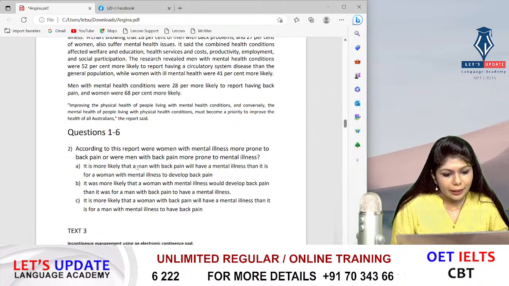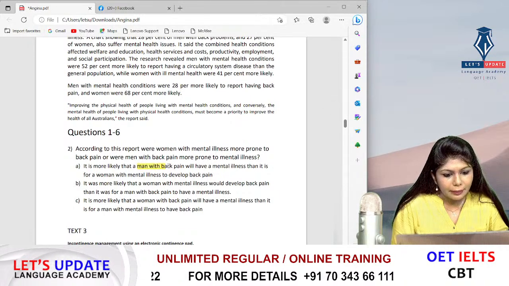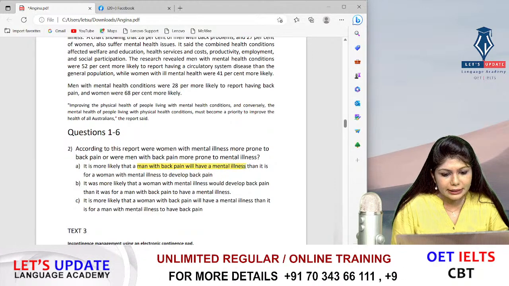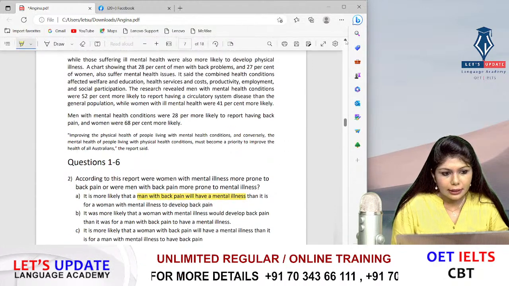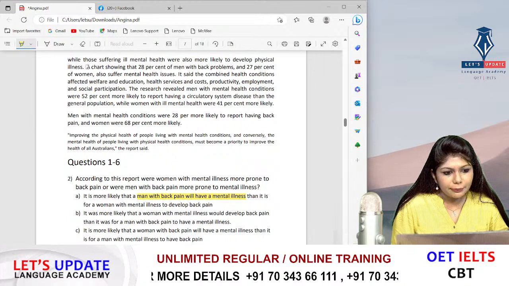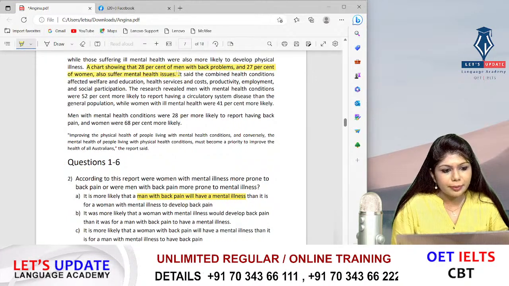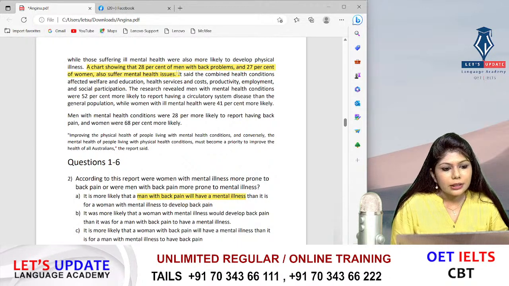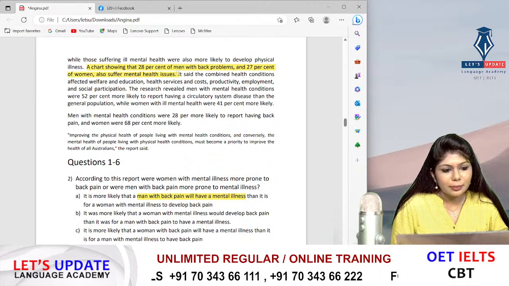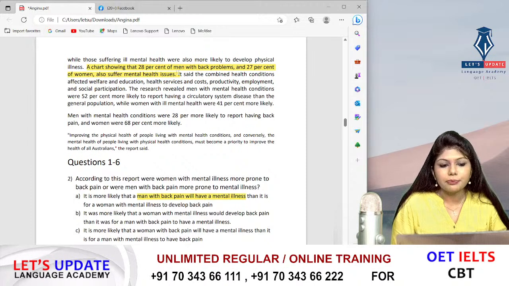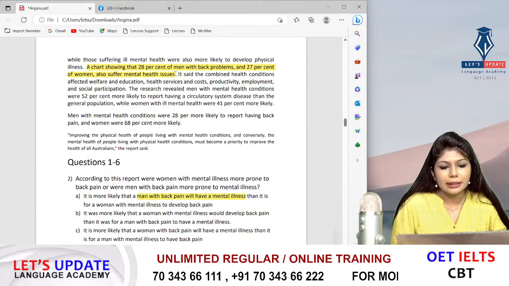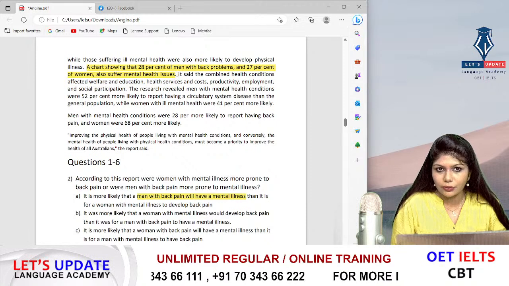I'll just highlight it. Yes, it's written over here. A chart showing that 28% of men with back problems and 27% of women with back problems as well also suffer from mental health issues. Okay, so that is written over here.